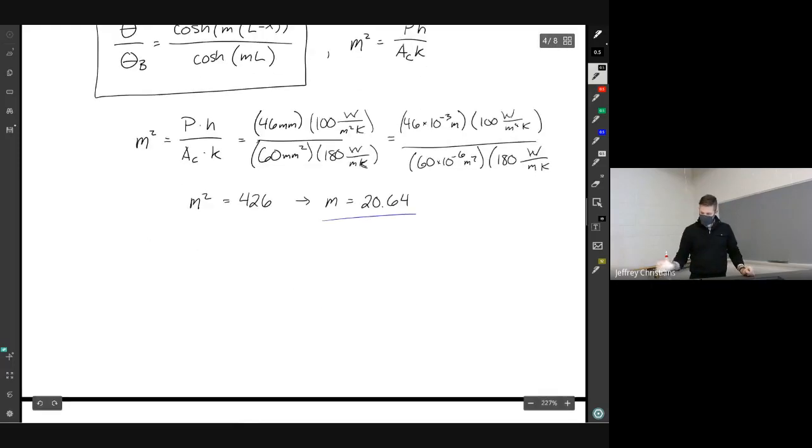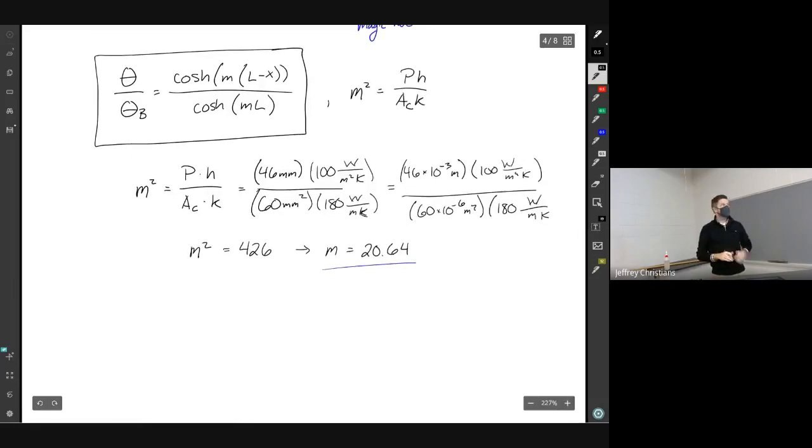If we wanted to plot the temperature everywhere in the fin, we could use this equation here to do it. Sometimes we might care about that. Maybe more often we probably don't care about that. We care about, like what we asked at the beginning, how much heat can we actually dissipate with this fin? So we can say something interesting from conservation of energy.